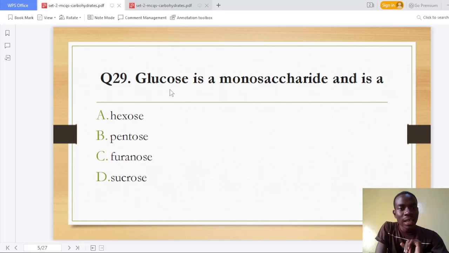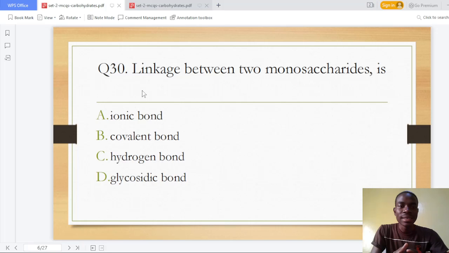The next question is saying linkage between two monosaccharides is, so what is the linkage that is found between monosaccharides? A, ionic bond. B, covalent bond.